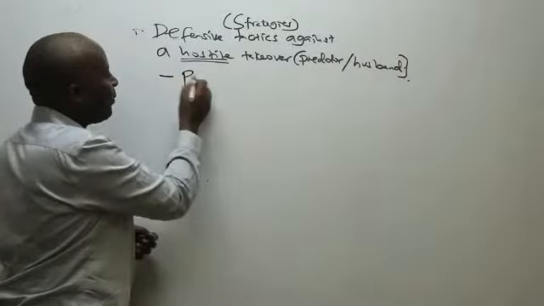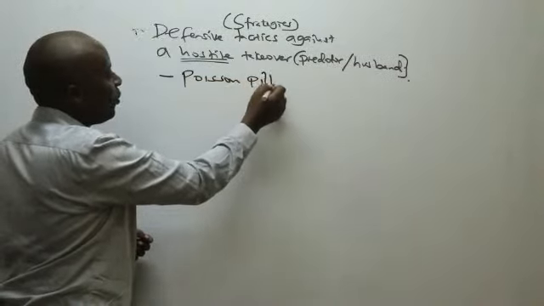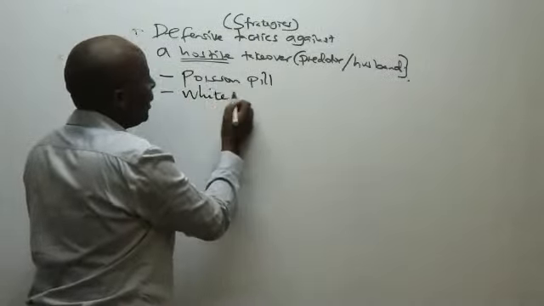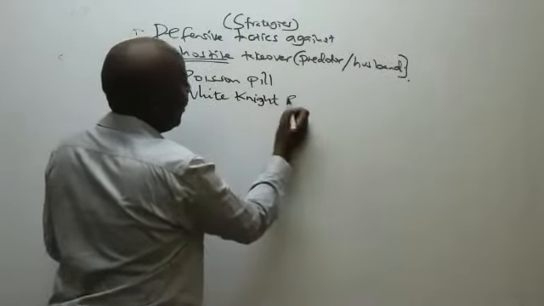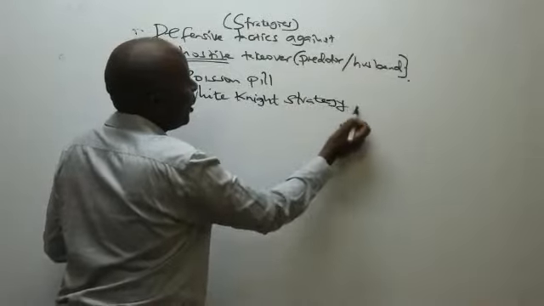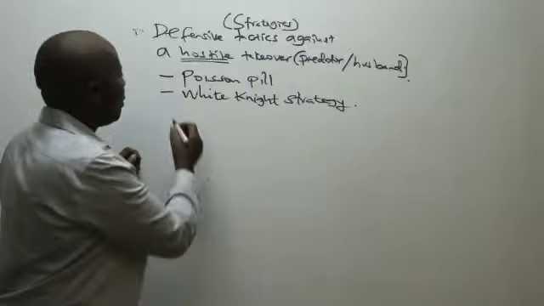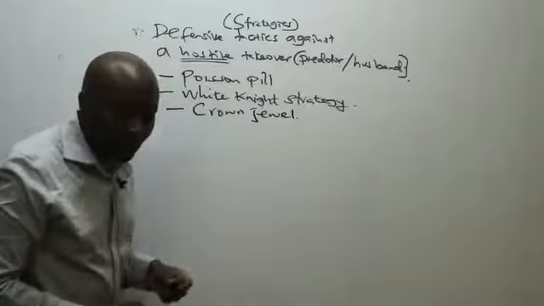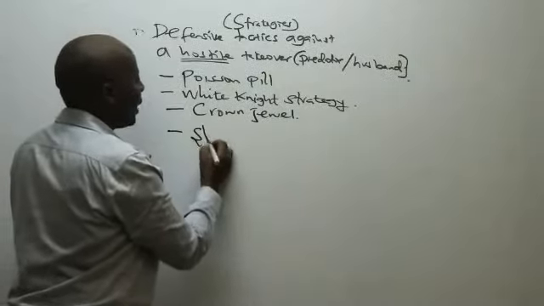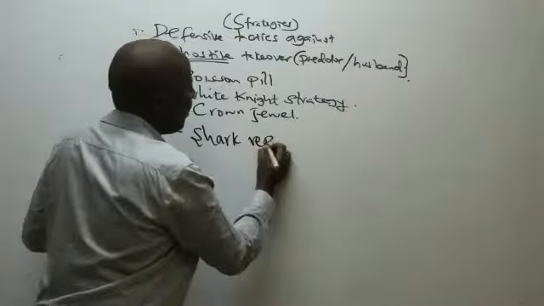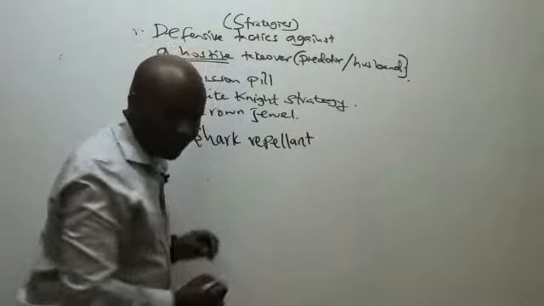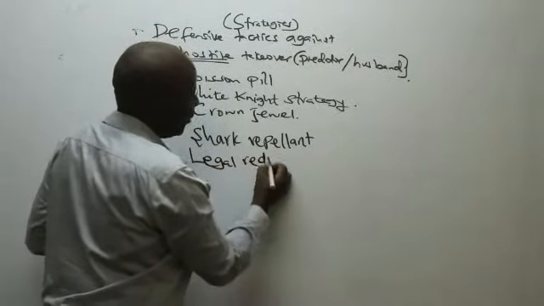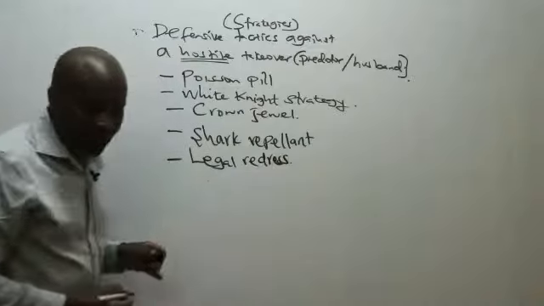I'll list all of them, like I've seen the poison pill. Thank you very much. I've seen, ladies and gentlemen, the white knight strategy. You guys are bright. I've seen the crown jewel. I've seen the shark repellent. I only want six of them. Legal redress.